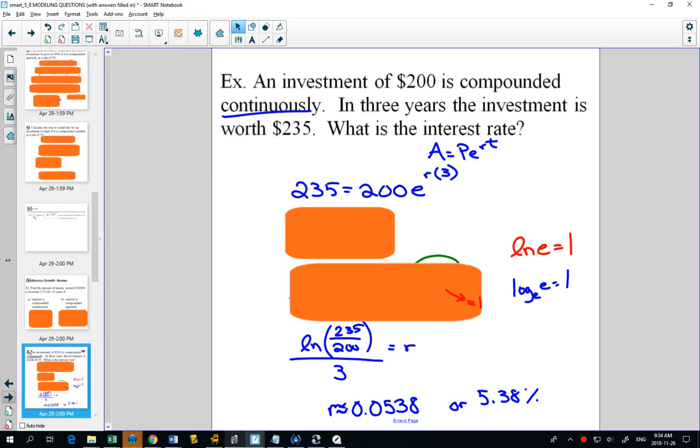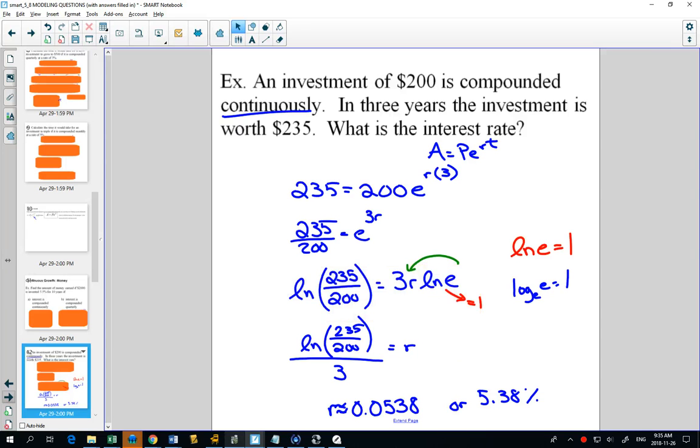So knowing that the formula is A equals PERT, you plug everything in. We want to find the interest rate, which is R. R is in an exponent. So how do we solve for things in exponents? We need to use logarithms. Now in this case, since the base is e, I'm going to take the natural log of both sides.